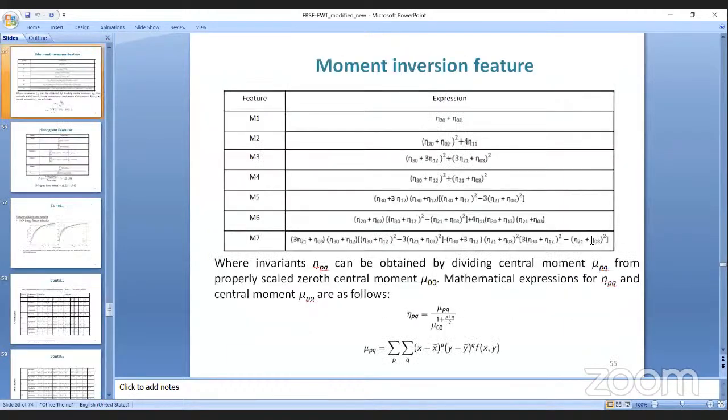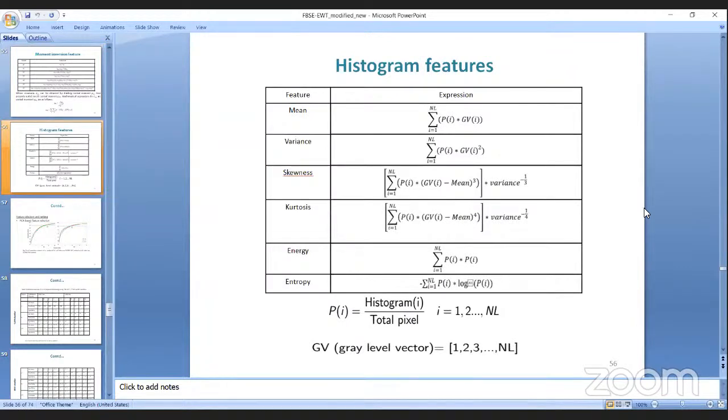Similarly, moment invariant features we have computed for the subband images obtained from the two-dimensional Fourier-Bessel series expansion based empirical wavelet transform. And the third set of features are histogram features.